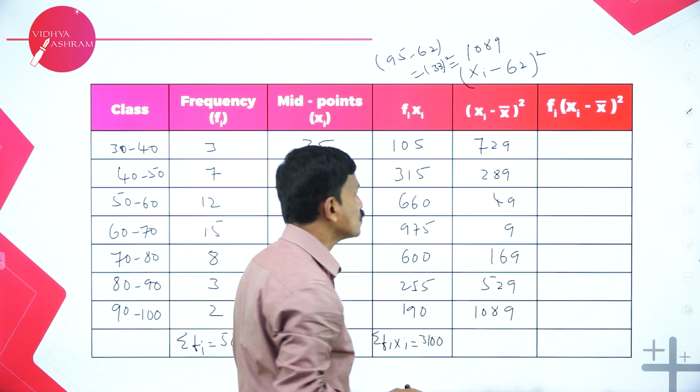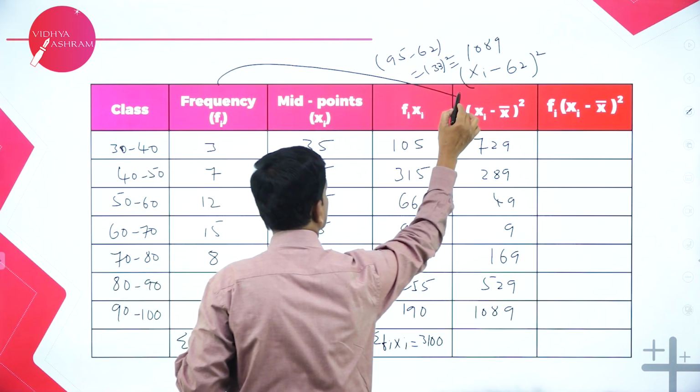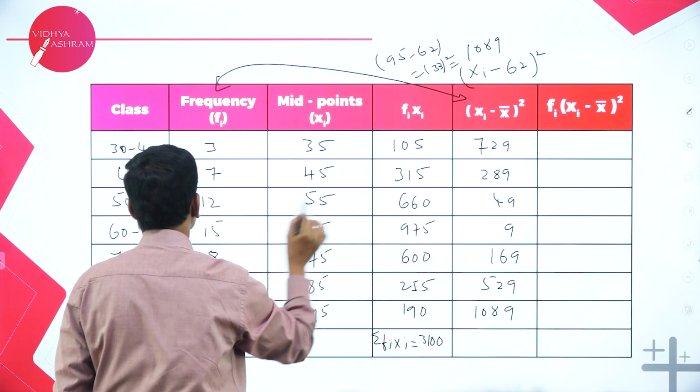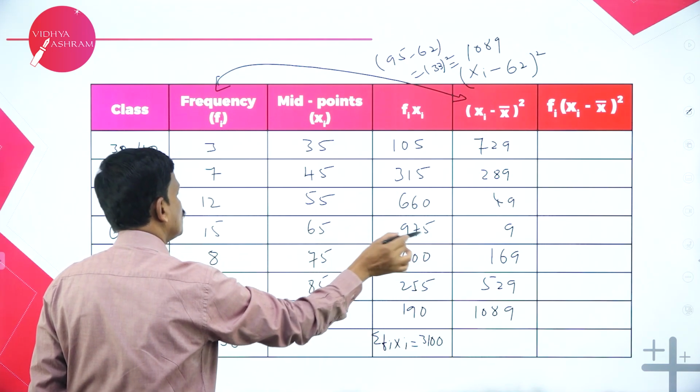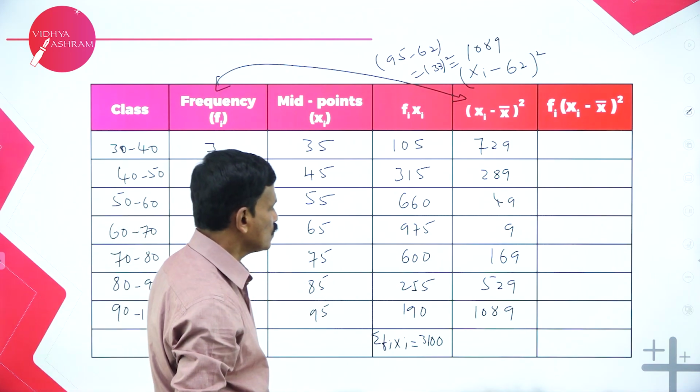Now multiply fi into (xi minus x bar) whole square. So 3 into 729, 7 into 289, 12 into 49, 15 into 9, 8 into 169, 3 into 529, 2 into 1089.